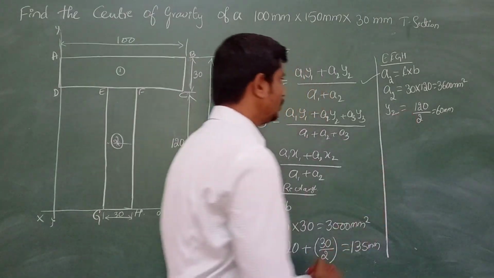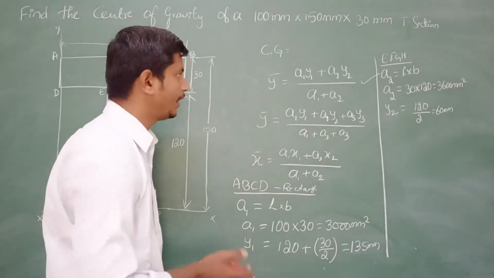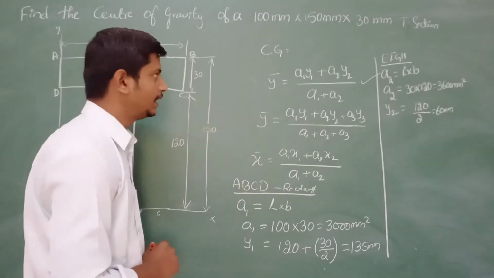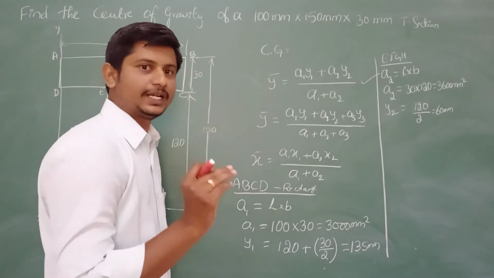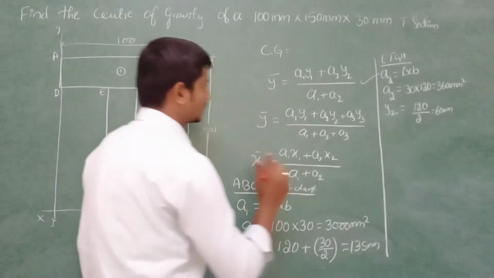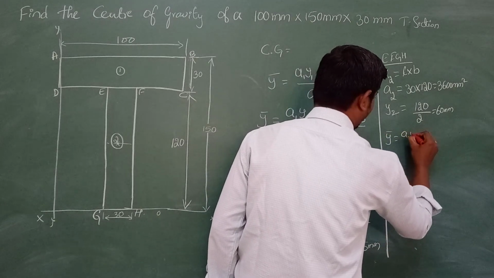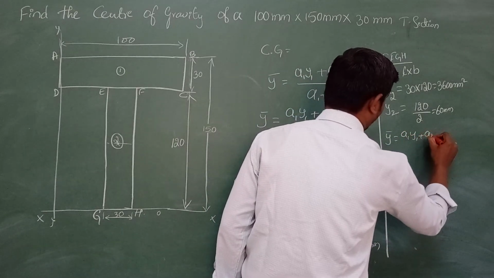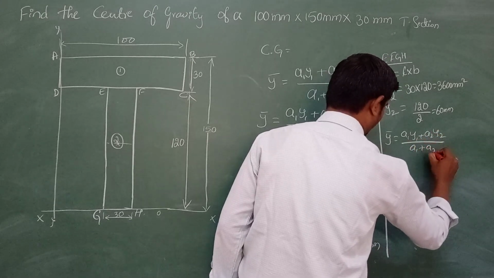Now we know the values of A1 and Y1, similarly A2 and Y2. The formula to find the center of gravity along the y-axis is y dash equal to A1 Y1 plus A2 Y2 divided by A1 plus A2.